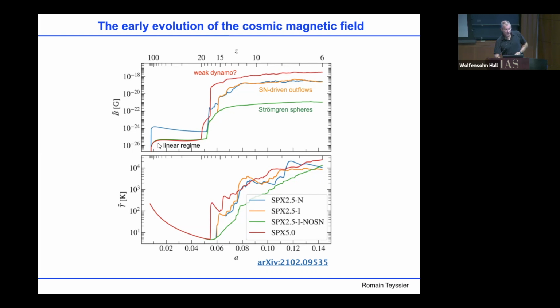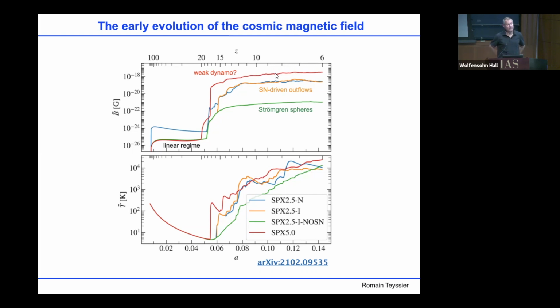So you see the linear regime, photoionization, and galactic outflows. Then we performed a second simulation with higher resolution. The red one is with higher resolution, and we see that the magnetic field is not converging. The temperature is converging, but not the magnetic field. And this is a sign that we have a weak dynamo. I will come back to this.